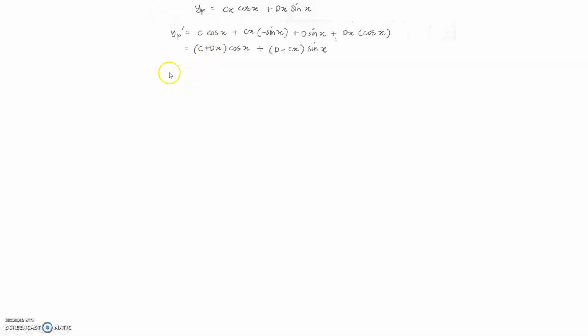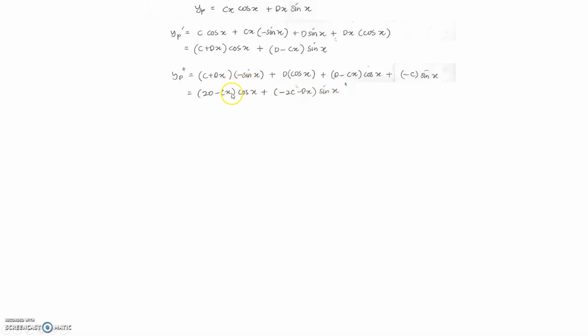Next, I differentiate it again to get yp double prime. Again, I differentiate cos x, I get negative sin x, and I differentiate c plus dx, I get d only. Here, I differentiate sin x, I get cos x, and I differentiate d minus cx, I get negative c. So we rearrange it back to cos and sin.